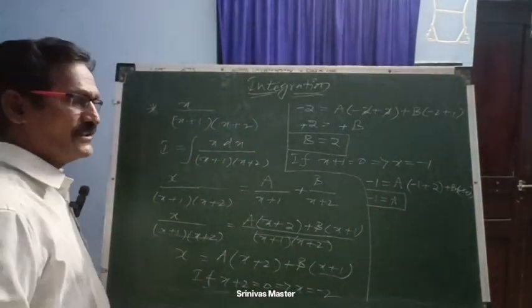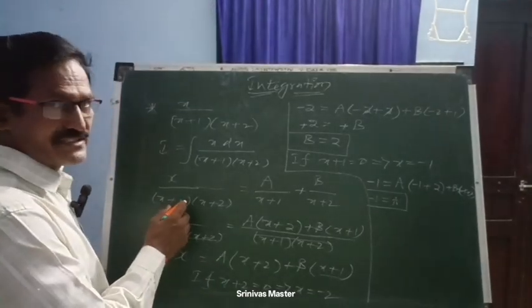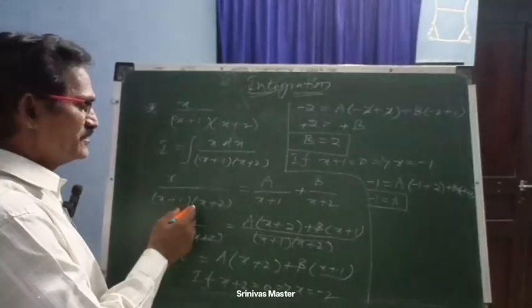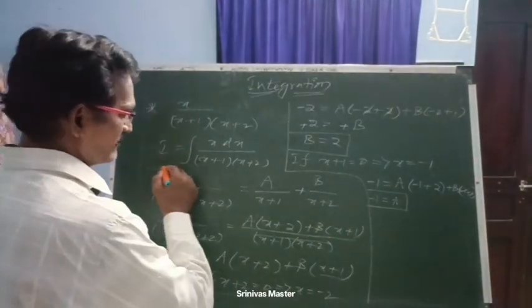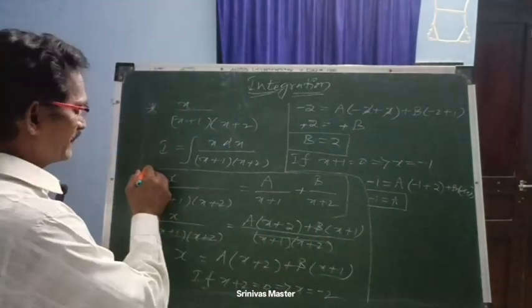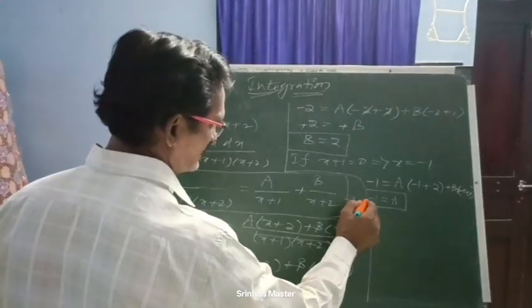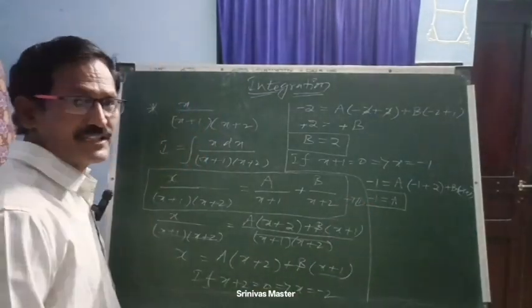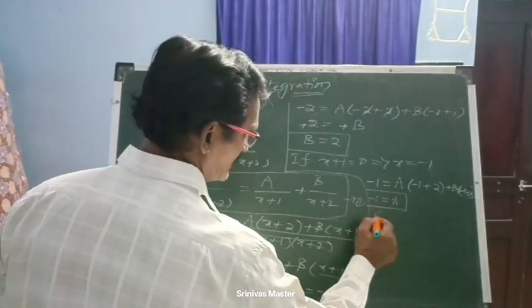So these two values, okay children, substitute in this equation. Suppose if you want to take this equation as equation number 1, that is our wish to think like this. This is equation number 1. If you think that, now substitute values of a and b.